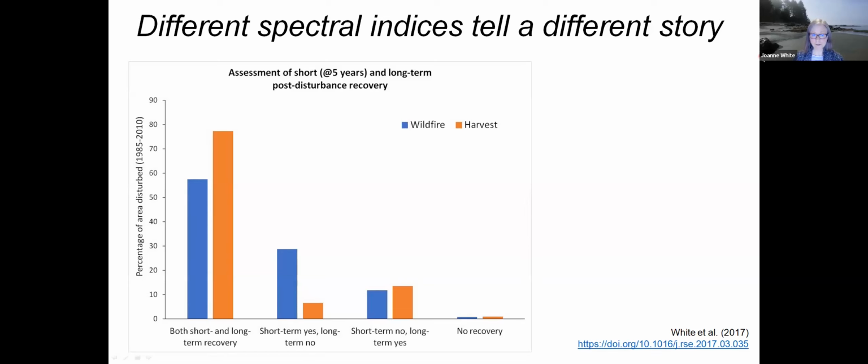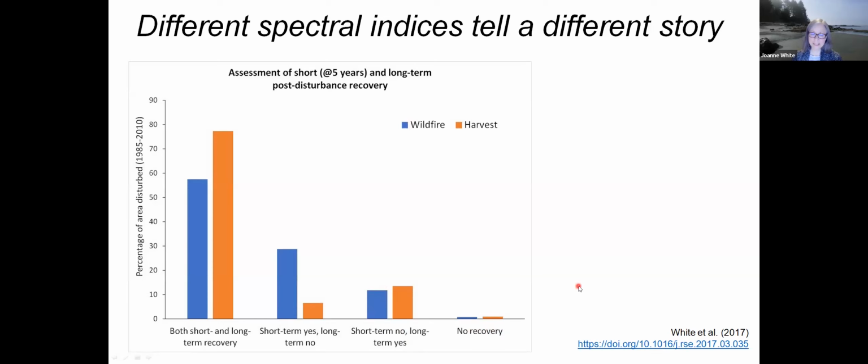And what we found for a national wall-to-wall assessment for Canada's forests is that areas impacted by wildfire were less likely to achieve both short and long-term recovery, whereas wildfire areas were more likely to achieve short-term recovery and not long-term recovery, which is just the corollary of what I just said. We also see that we have areas where we have no short-term recovery, but long-term recovery is achieved, and then very minor small areas where there's no recovery whatsoever by the end of the time series.